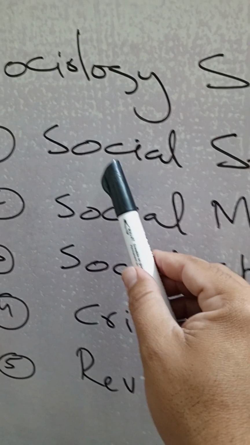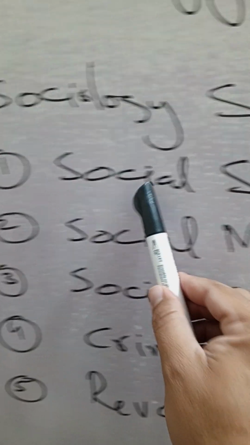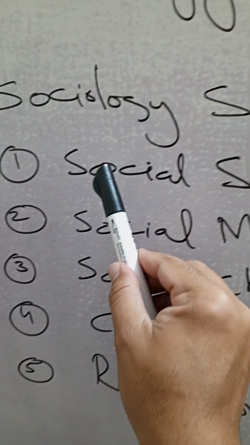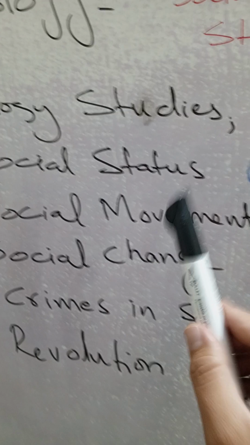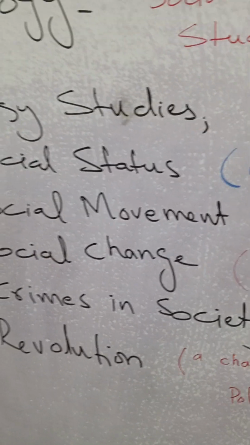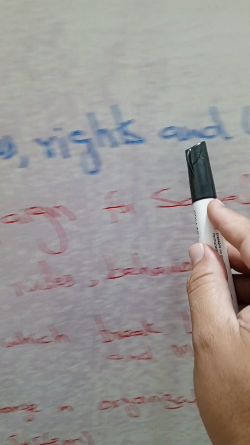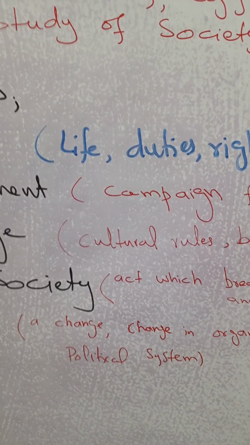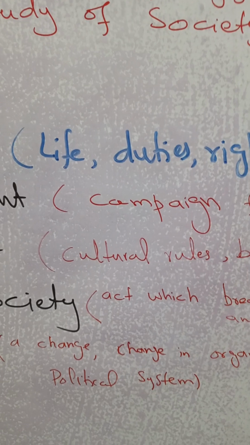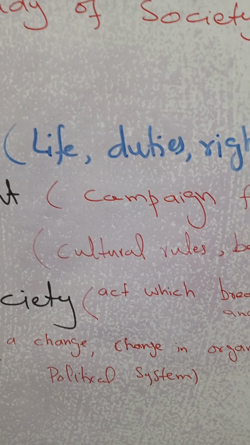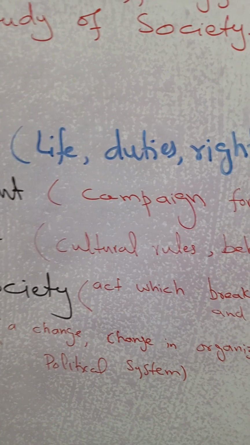The first thing we study in sociology is social status. Social status means the life, duties, rights, and lifestyle of any individual. In society, humans are the basic unit. Humans interact with each other and form the family.